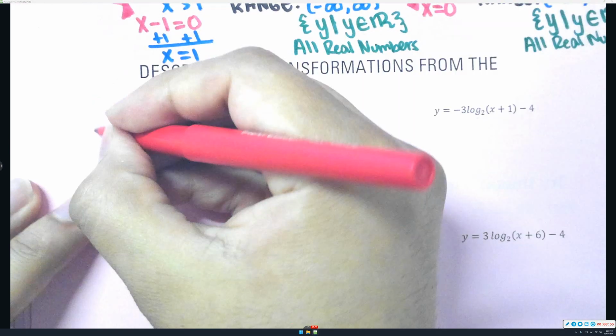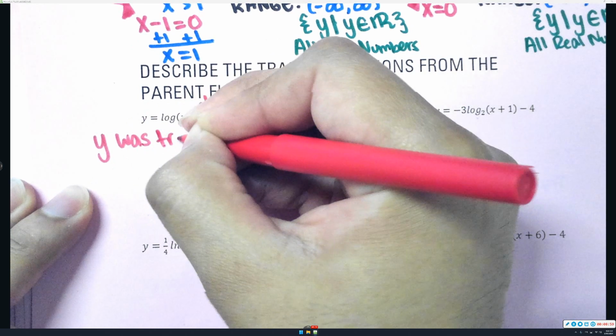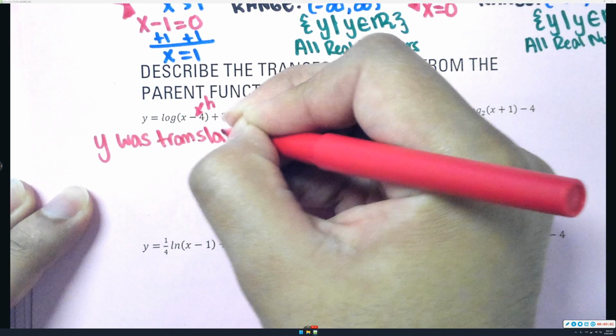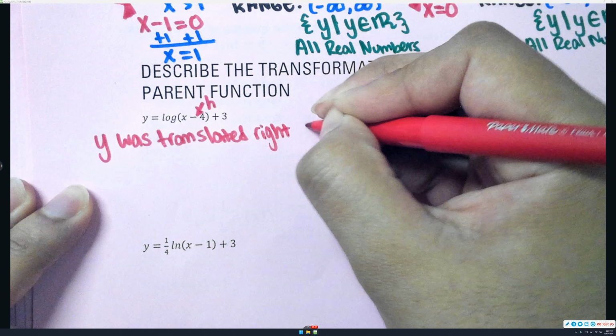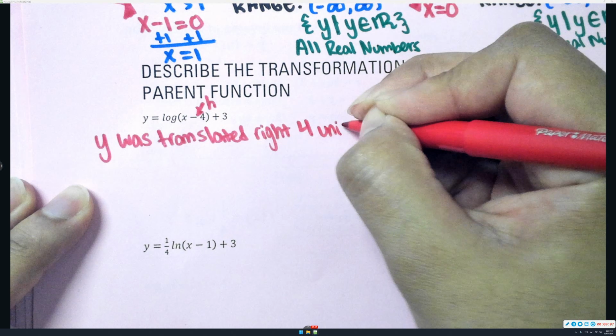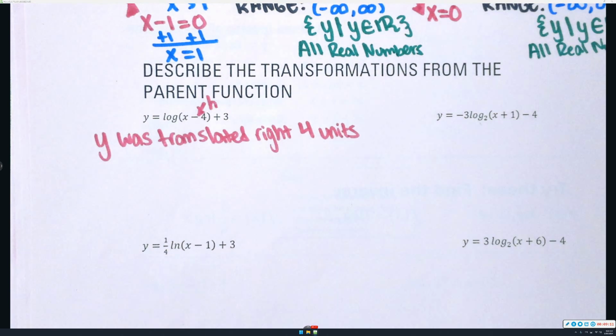Let's write that down. So y was translated right 4 units. Aha, right? Really easy, yes? Now, keep in mind that the majority of the exam, right, for the free response is made up of the transformations, as you guys may know for the previous exams, okay?